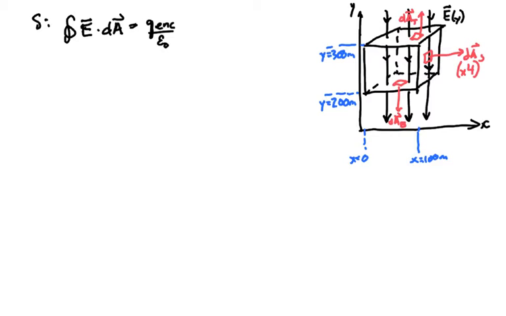So for our differential area vector at the top, it's pointing straight up, normal to the surface. For our sides, the same thing, normal to the surface, it points for that specific side off in the positive x direction. And then for the bottom face, it points directly down.